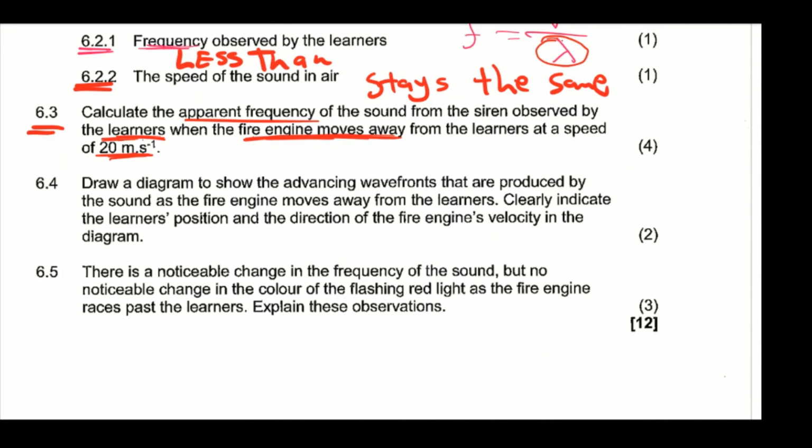I'm going to do 6.4. It says draw a diagram to show the advancing wave fronts that are produced by the sound as the fire engine moves away from the learner's position. Clearly indicate the learner's position and the direction of the fire engine's velocity in the diagram. So what we know is that the learners are here.